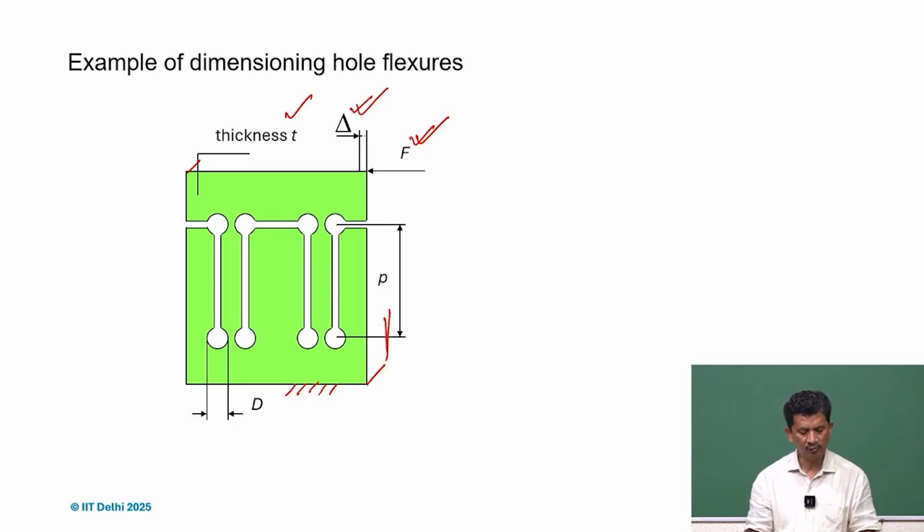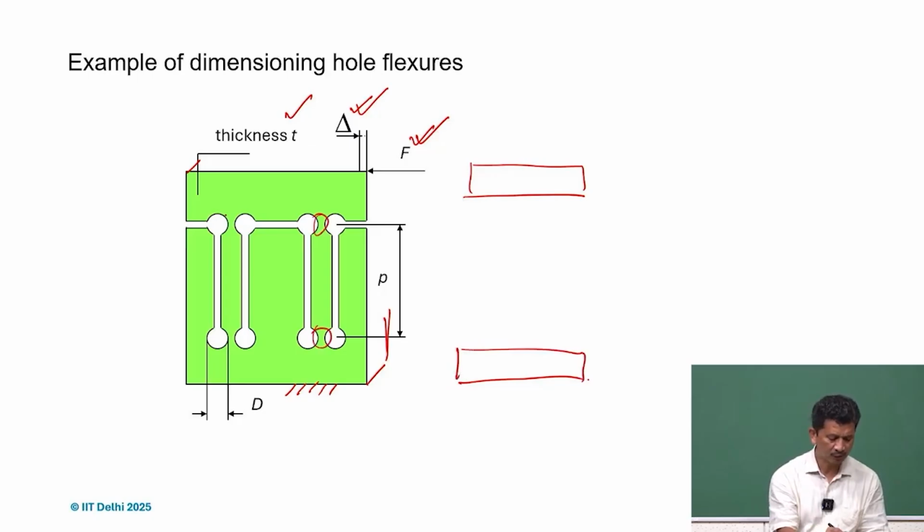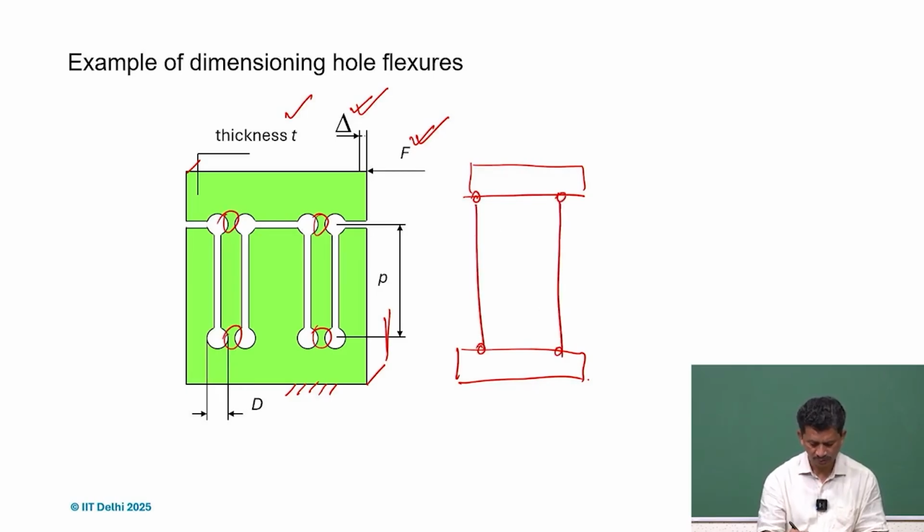If we try to look at it closely, what we realize is that this is nothing but top and bottom we have, and corresponding to this, these are my hinge locations. So these are my hinge locations, and I can simply connect through a rigid member.